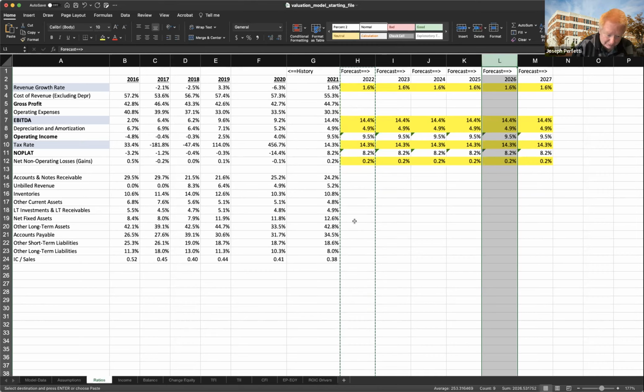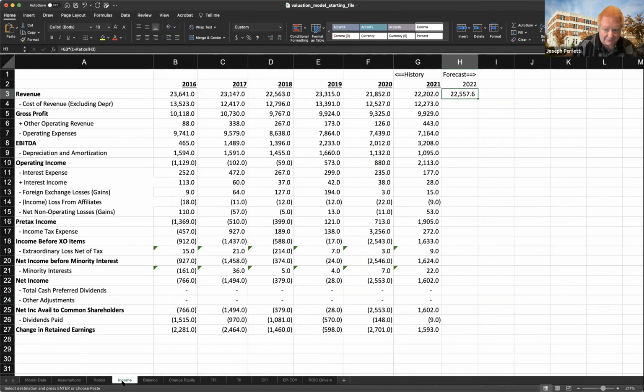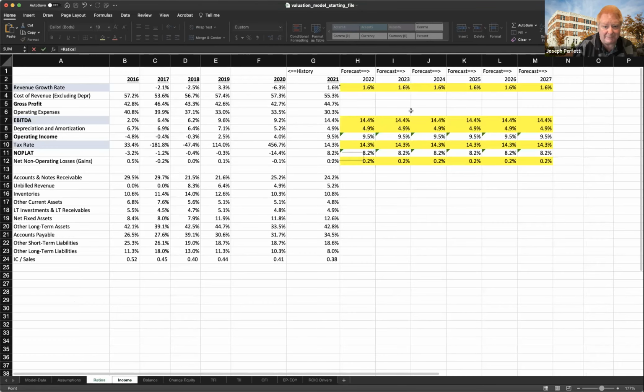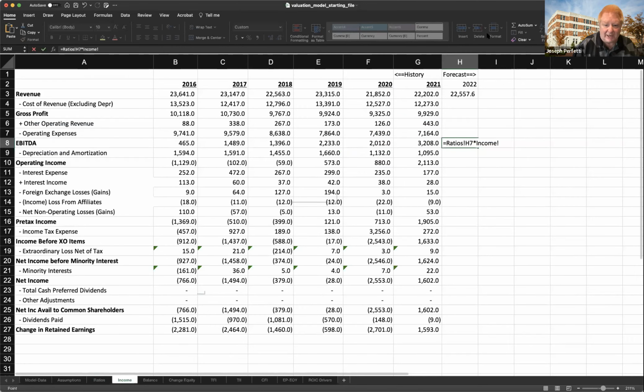Using those ratios, we're now going to go to the income tab and finish reporting out Nokia's actual income statements. So again, starting with EBITDA, okay? 2022 EBITDA for Nokia equals, so this is cell H8 off the income tab, equals from the ratios tab, H7, which is 2022 EBITDA as a percentage of sales, times income 2022 revenue.